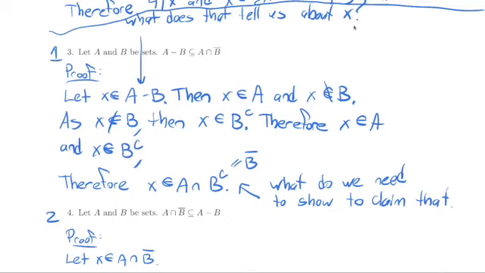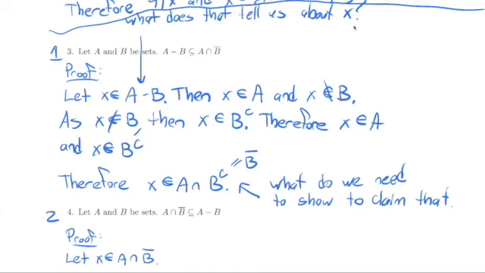And this shows that since X belongs to A minus B and X belongs to A, X belongs to A minus B and A intersect B complement. Therefore, A minus B is a subset of A and B complement. I don't think I worded that very properly, but I was trying to reiterate that it belongs to both, and therefore one is the subset of the other.